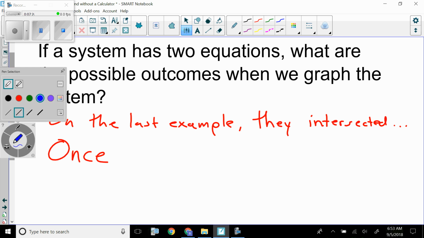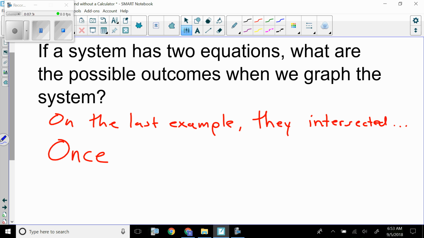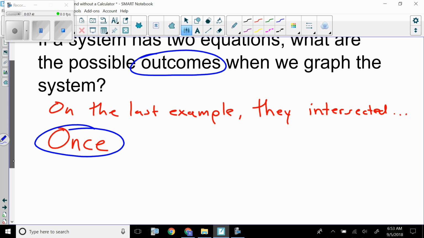Now, think about this. If they're straight lines, can they intersect exactly twice? Well, we know this from geometry that two lines always intersect in a point. So one outcome would be that they intersect exactly once.